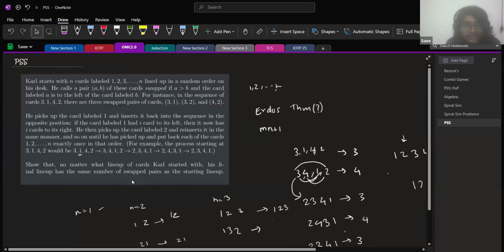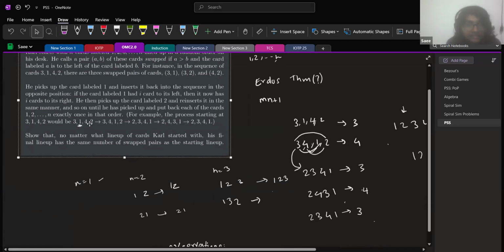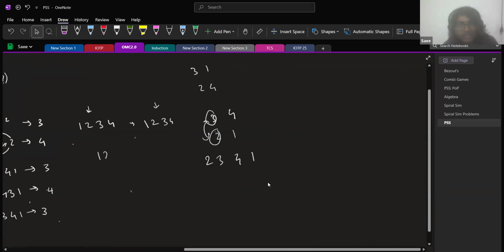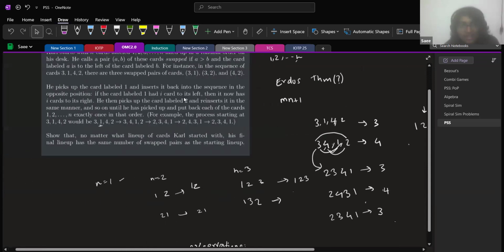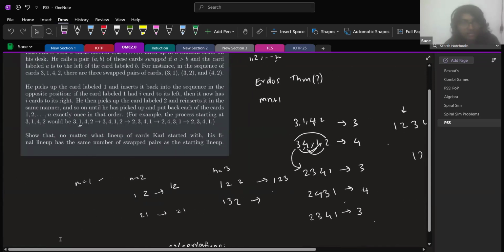So the thing about this process is that it's very hard to model, in the sense that it's quite random. Like, what are you doing, removing this one entirely and putting it somewhere else? It's a good attempt at understanding this better, but it doesn't seem to work out. Are there any other ideas to understand it better?